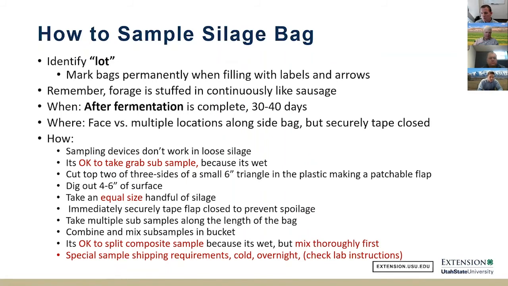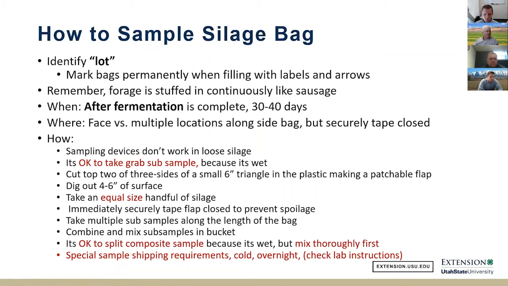You need to kind of back up and, as you look at the bag, look for how it's been labeled. Look for differences in lots of feed that's been put in that bag, whether it's alfalfa silage, corn silage, or small grain.